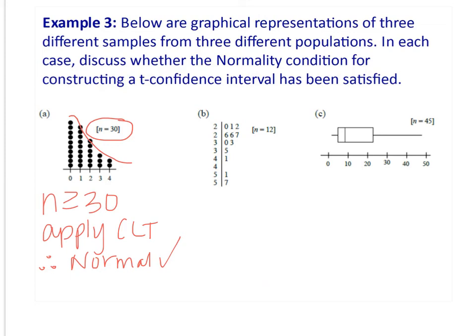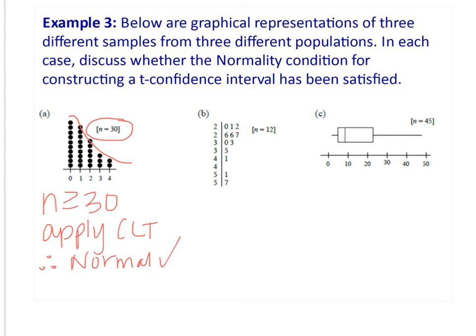So all you have to do for these is kind of look and see, does this graph follow a normal pattern? If yes, it's normal. If not, look at the sample size. If the sample size is greater than or equal to 30, we can apply the central limit theorem, which says it will have a normal sampling distribution. So A is a check because n was greater than or equal to 30.